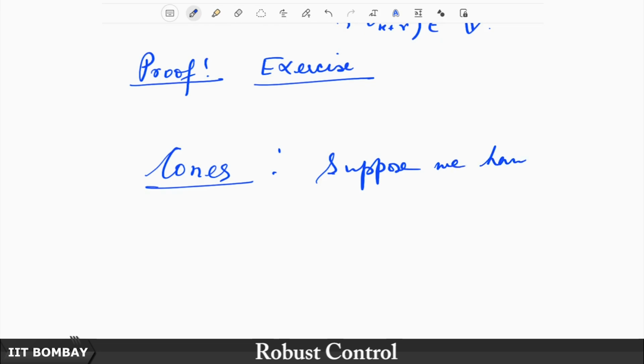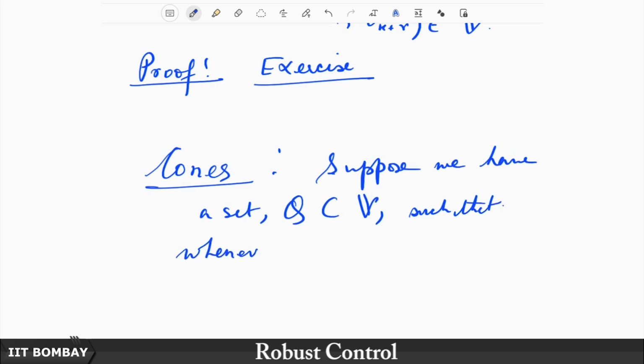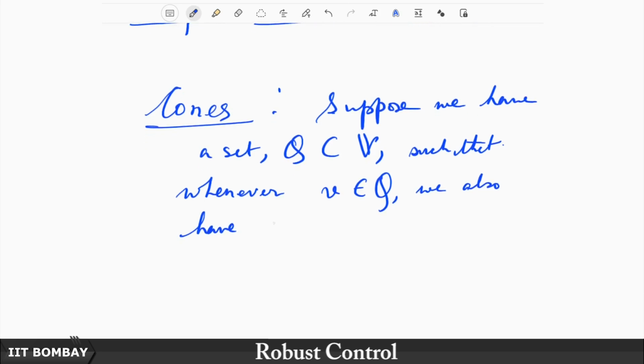we have a set Q in a vector space, say V, such that whenever any vector v belongs to Q, we also have c times v belonging to Q for all c that is positive, okay.